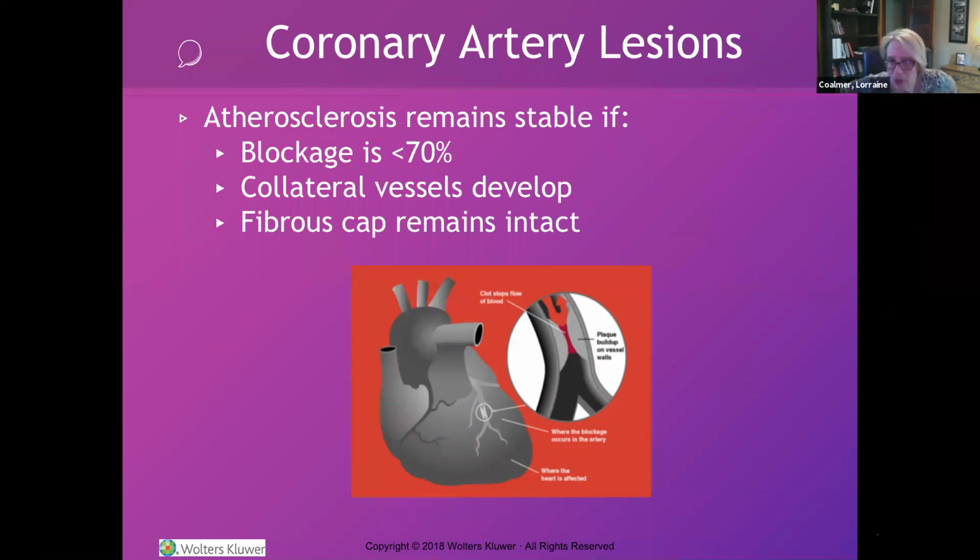It's the young person who doesn't have the opportunity to develop these collateral vessels to help nourish the heart that die of a heart attack, because they don't have that beautiful collateral circulation to help fill in where the other artery might not be properly functioning.